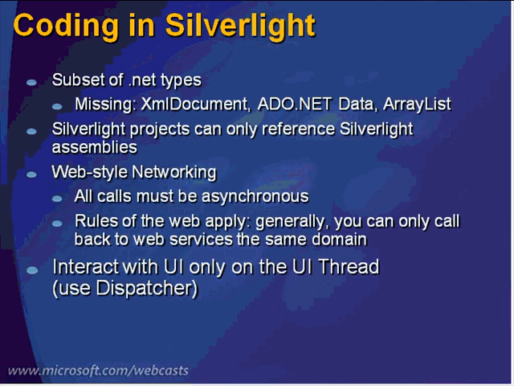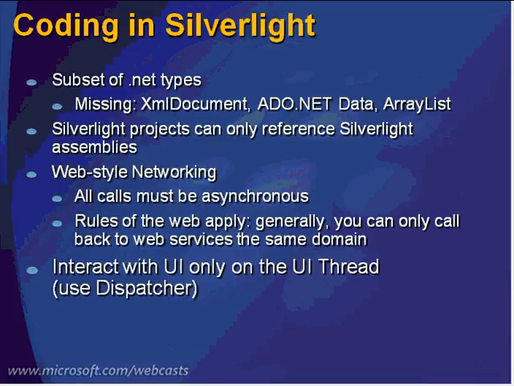When you're coding in Silverlight, you've got a subset of .NET. Some things are conspicuous in their absence. The XML document object model is missing. However, we have LINQ to XML, which I personally find to be a lot better anyway. ADO.NET data is gone, although we do have ADO.NET Data Services, which can consume RESTful data interfaces to SharePoint or SQL Server.